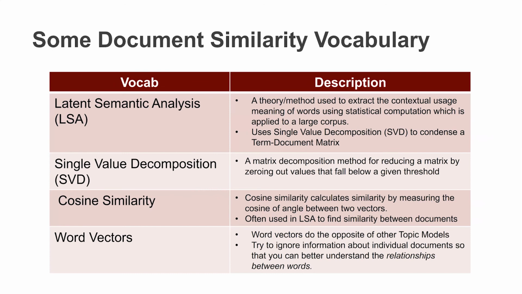Cosine similarity: remember I was talking about orthogonal space, making you go back to math class, sorry. I have two vectors, and I can calculate the cosine of the angle between them. That's where we start getting cosine values.